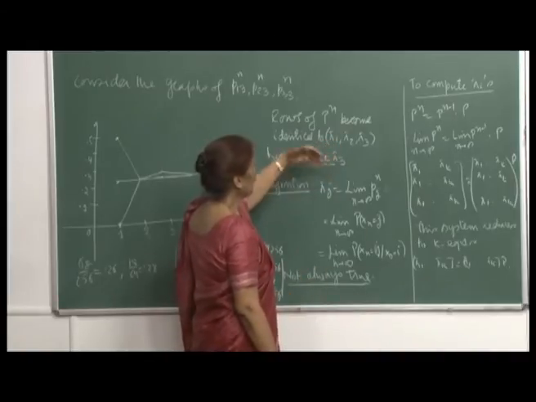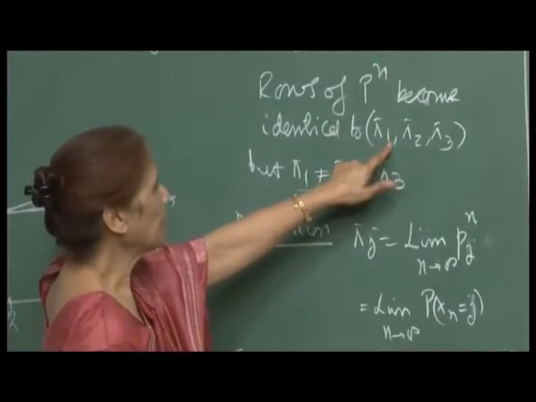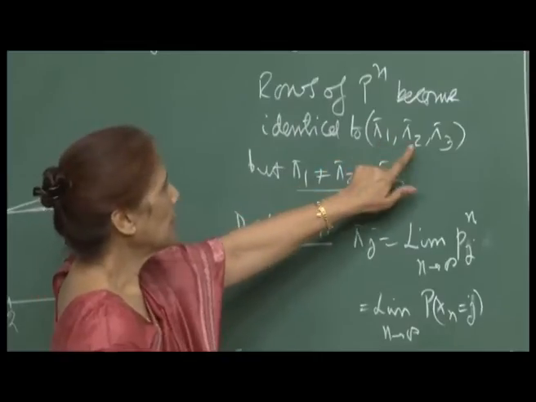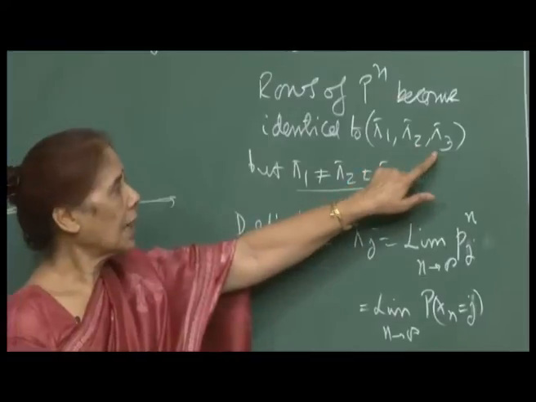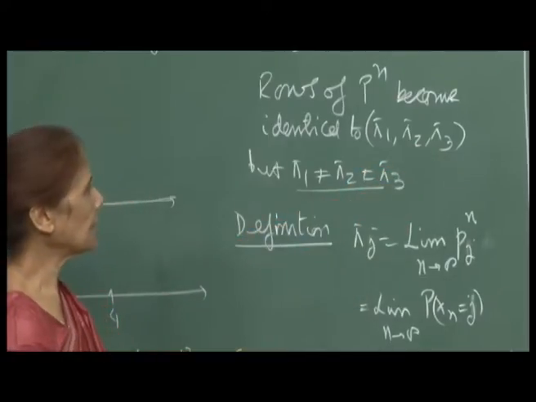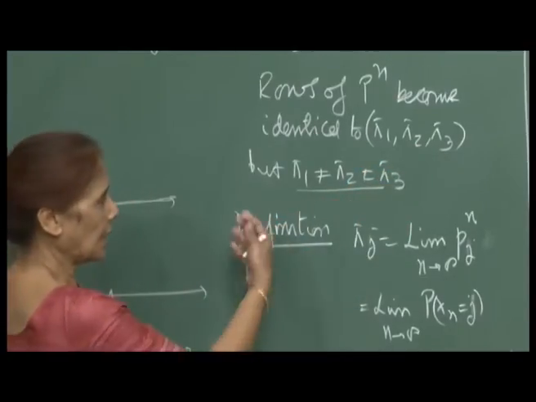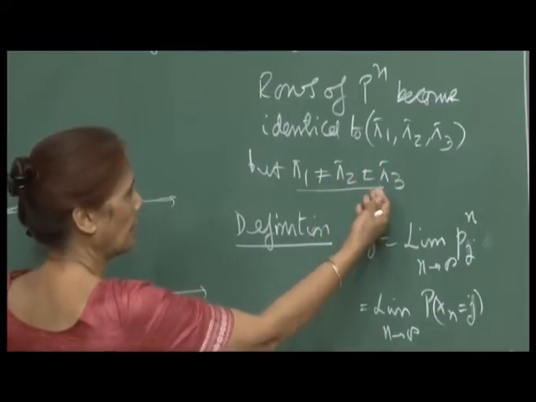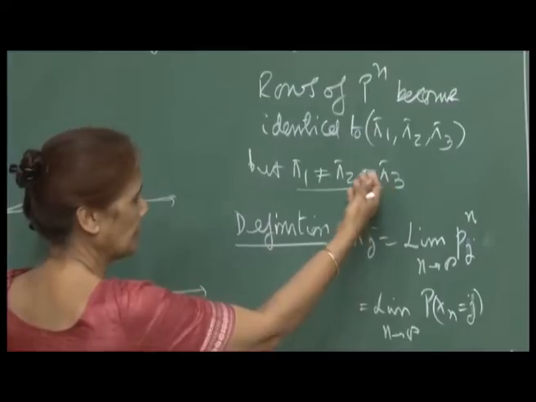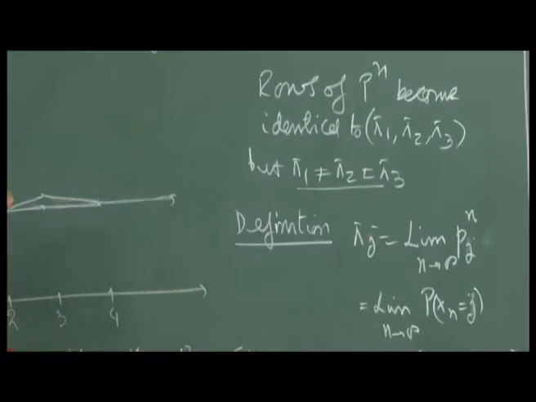This is the probability of the system being in state 1, this is the probability of the system being in state 2, and this is the probability of the system being in state 3. So, the starting probabilities are not relevant, but the long run values will not necessarily be the same.